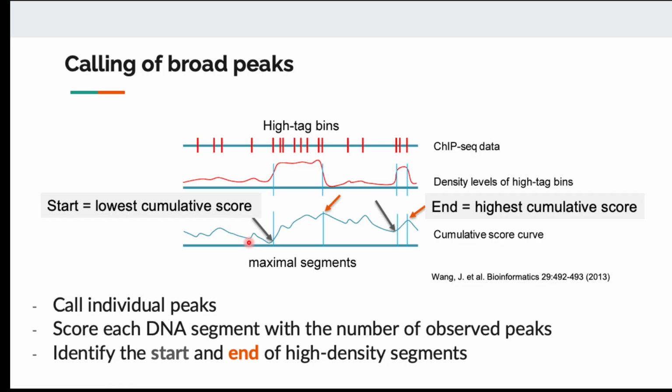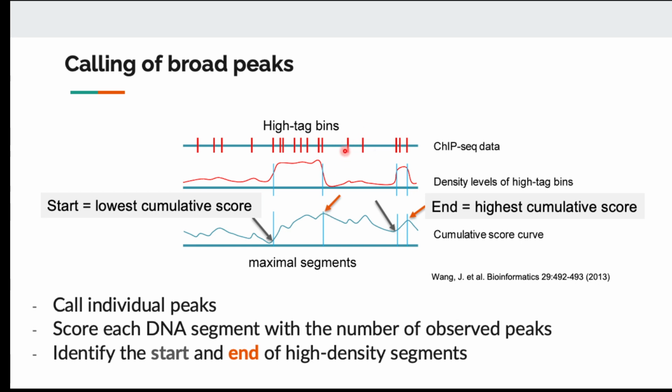So what happens is, in a sparse region where we don't have many histone peaks, the score goes down, goes up, goes down, goes up, goes down, goes down. It never accumulates. But when you see a region with a high frequency of histone peaks, the score goes up, goes down a little, goes up again, goes up again. You have an accumulation of high score.